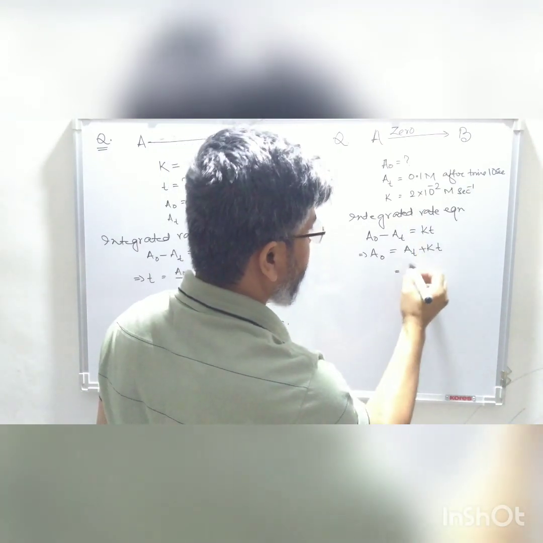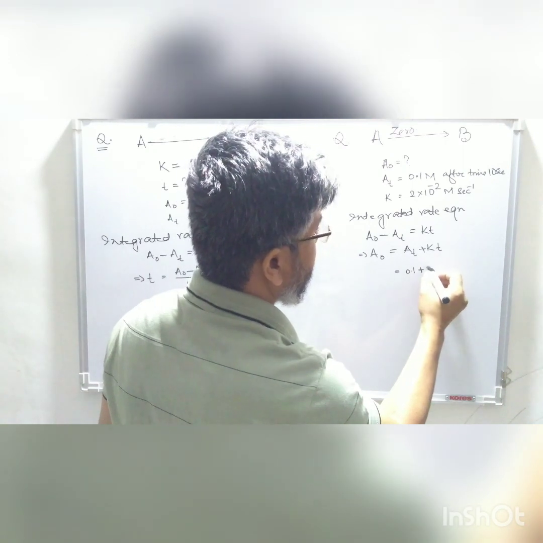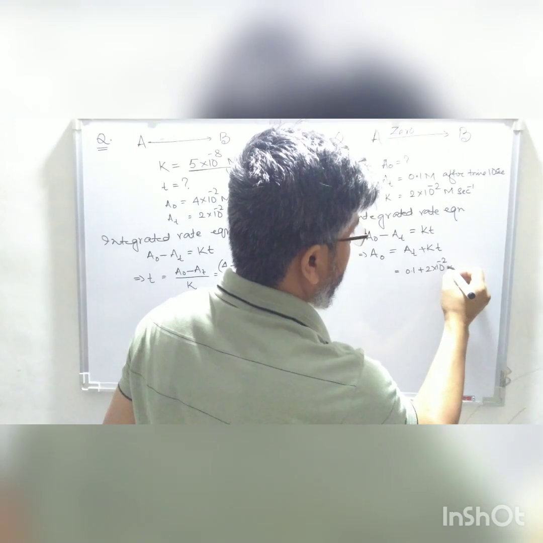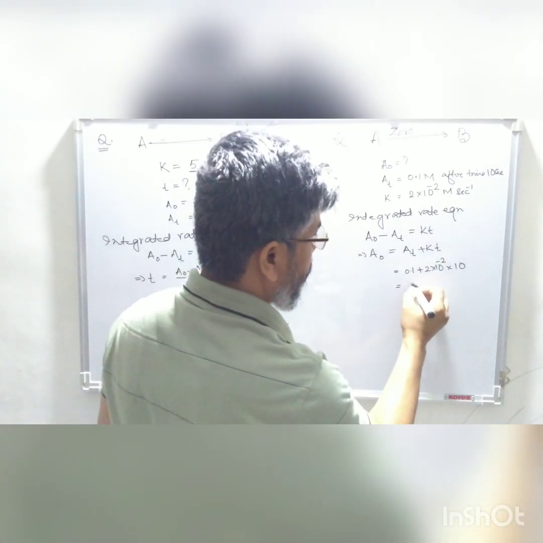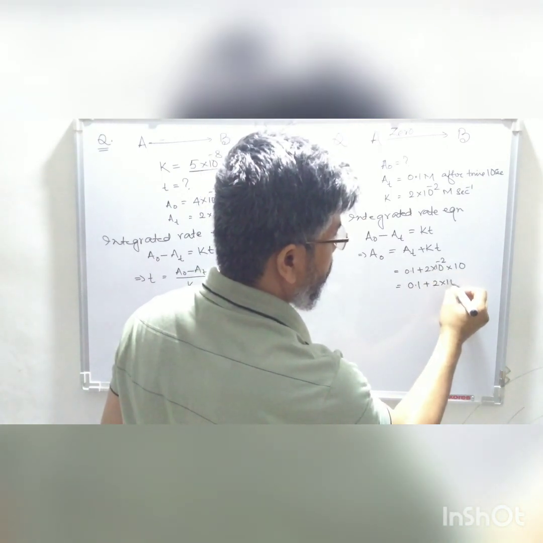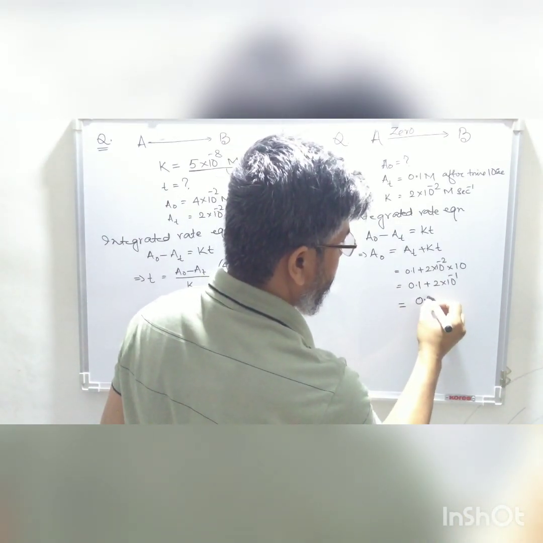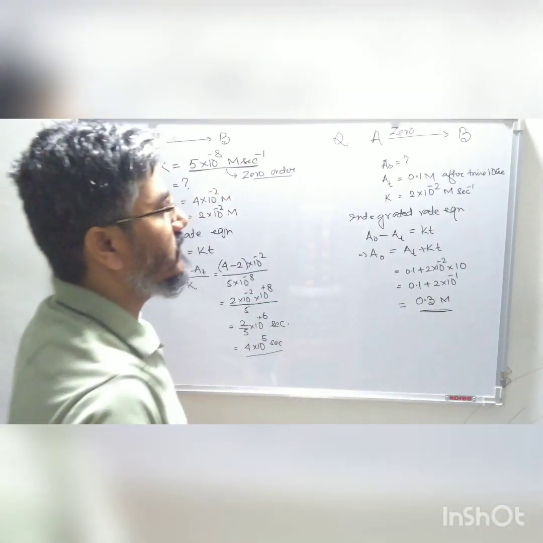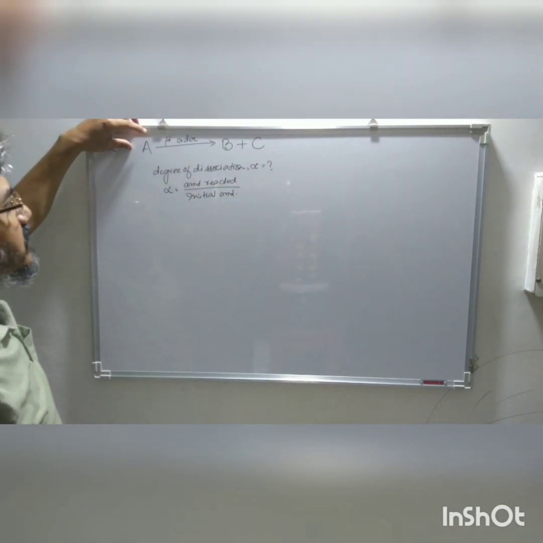Substituting these values, we get 0.1 plus 2 into 10 to the power minus 2 into 10. So this comes out to be 0.1 plus 2 into 10 to the power minus 1. So this is 0.3 molar.